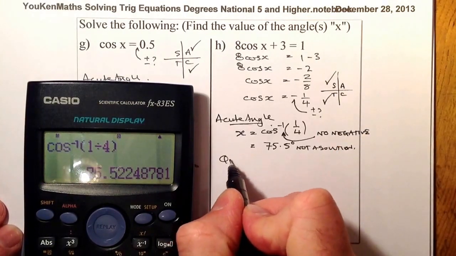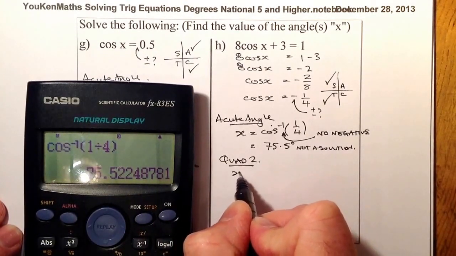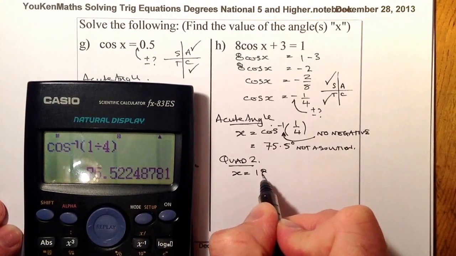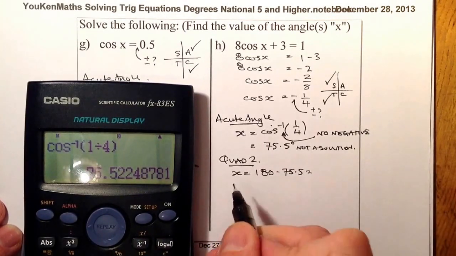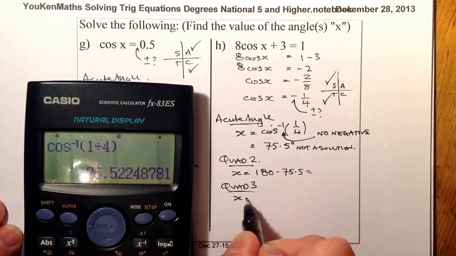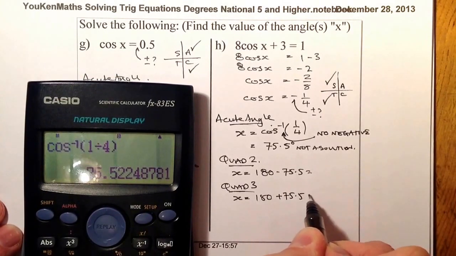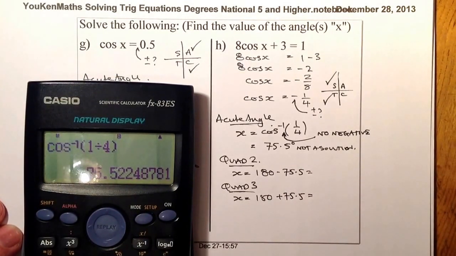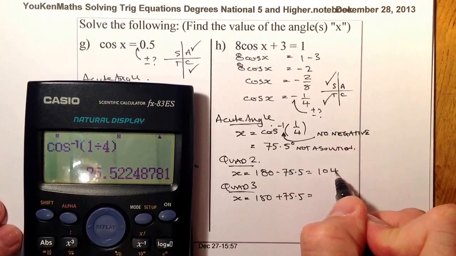So I'll go for my quadrant 2, and that's going to be x is equal to 180 minus 75.5. And I'll be looking at my quadrant 3. And that's going to be x is equal to 180 plus 75.5 degrees. Okay, and I can use my calculator if it was a calculator question, which it would be for this.